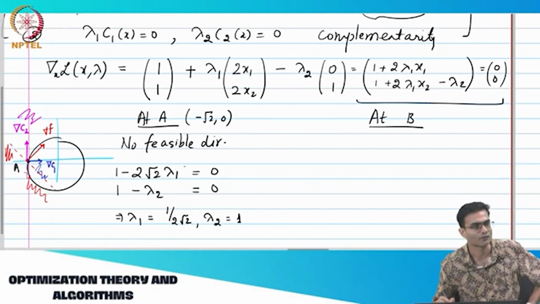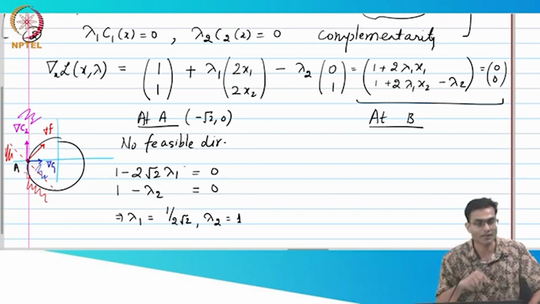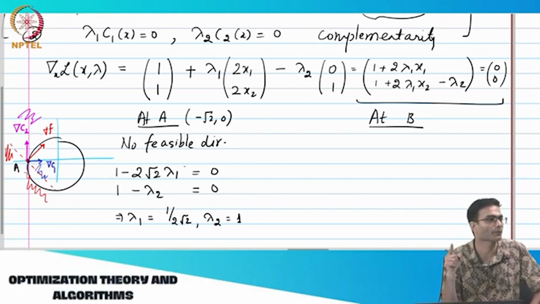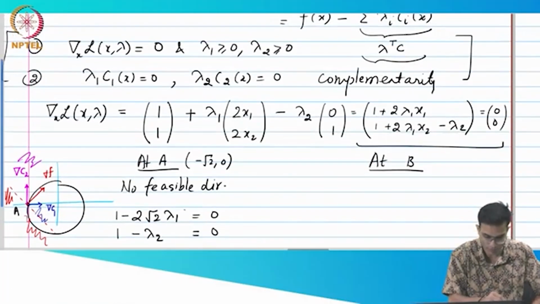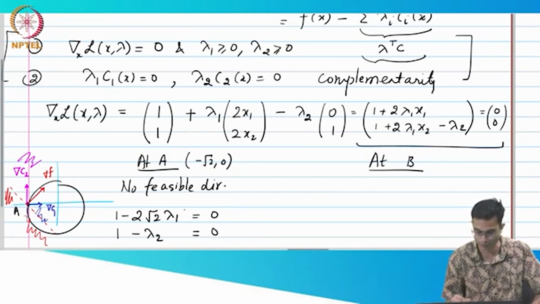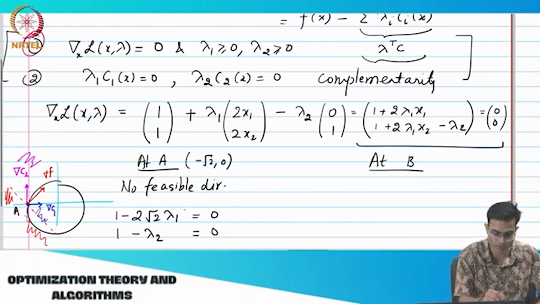Okay, that seems okay. Why? Because the Lagrange multiplier should be positive because it's an inequality. So that seems to be satisfying my statement 1, right? So over here, if I choose these values of lambda 1 and lambda 2, statement 1, which was this guy over here.